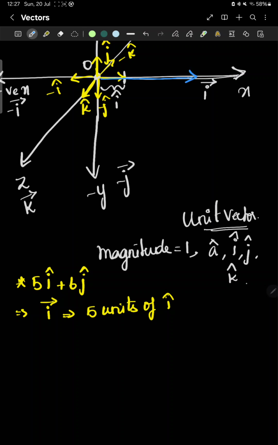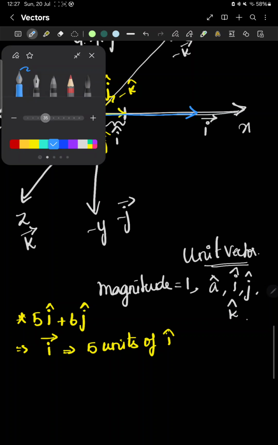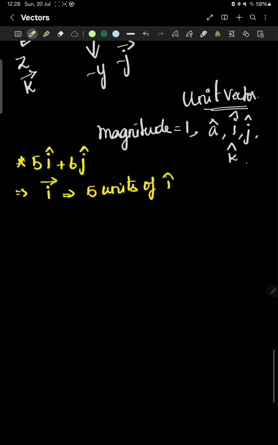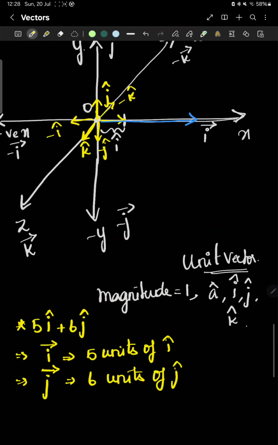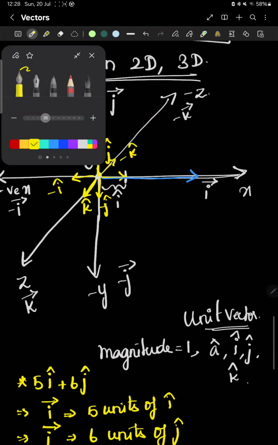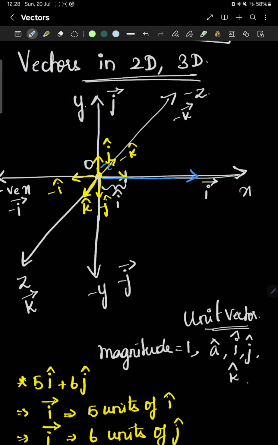So in the direction of x-axis I am having 5 units, and in case of y-axis, it is represented by j vector. It will be having 6 units of j cap. So which means in the positive y-axis, so it is 1 unit, 1 2 3 4 5 6.